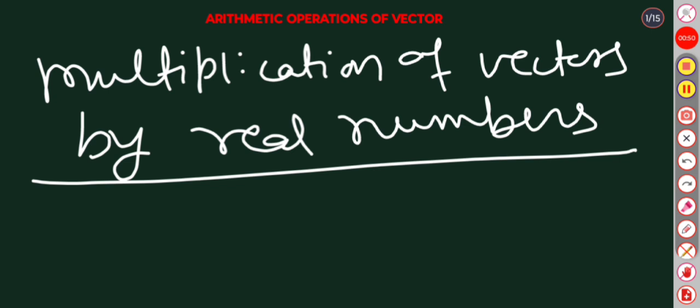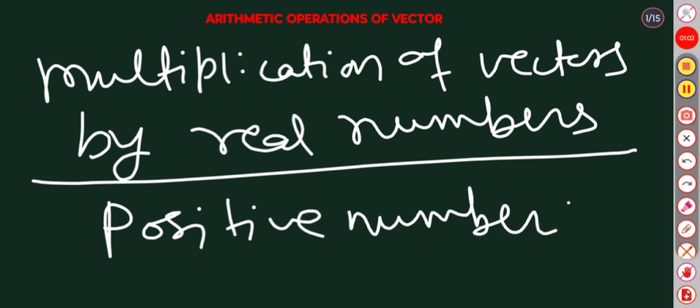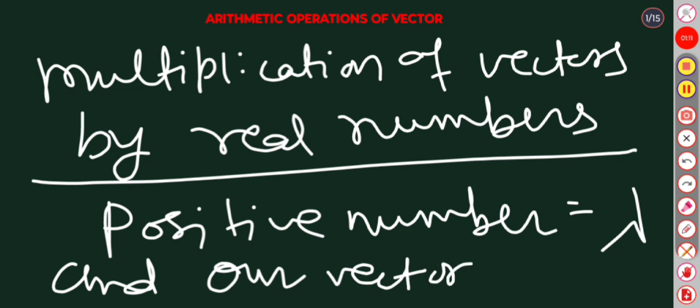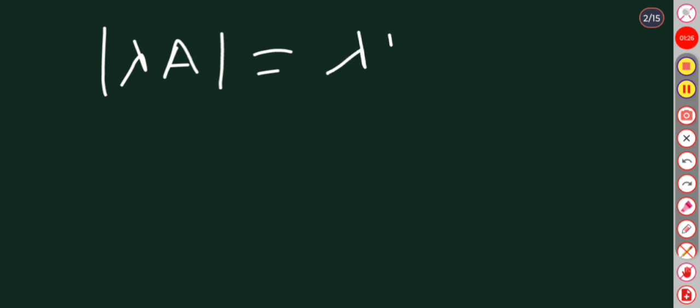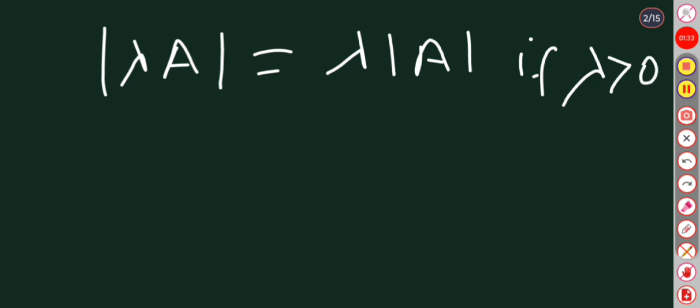If we consider a positive number lambda, and our vector is a, then the multiplication of the vector, that is lambda times vector a, is equal to lambda a if lambda is more than 0.